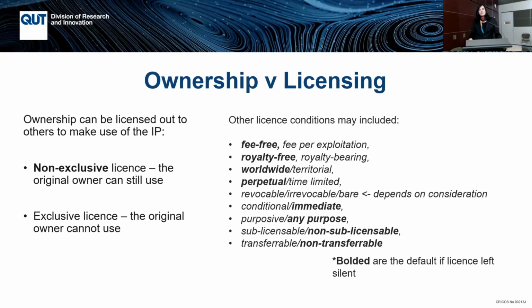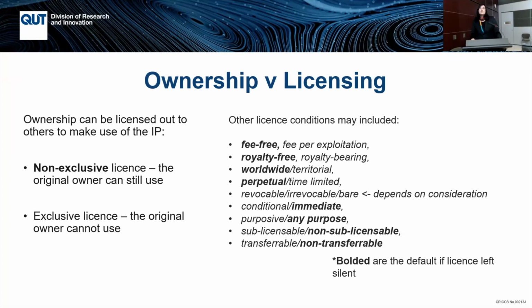If they don't put a time limit on it, you can expect that it would be anywhere. You'd expect the license to kick in straight away from the point of time that they grant it, and that you could use it for any purpose unless they limited it in that way. But you would also expect that you couldn't sub-license it or give that right to someone else, nor could you transfer that right to someone else without some explicit statement in relation to that.